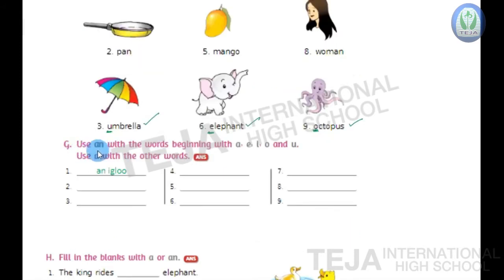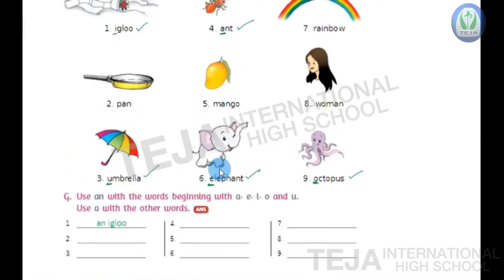Now next, bit G, children. Use an with the words beginning with A, E, I, O and U. Next, use a with the other words. That is, write an for the vowel letter words and a for the consonant letter words. So you have to write an before the vowel letter word and a before the consonant letter word.